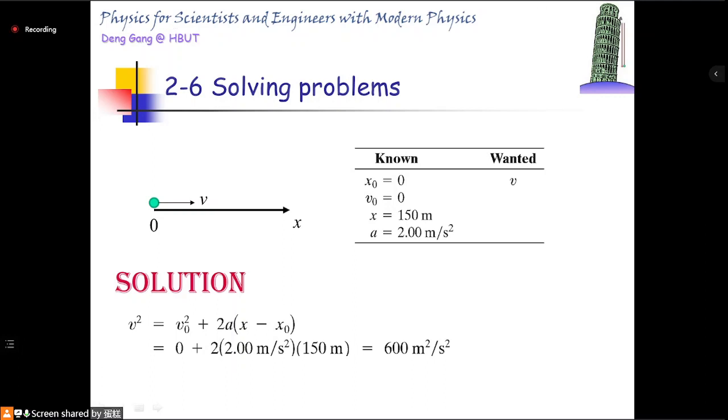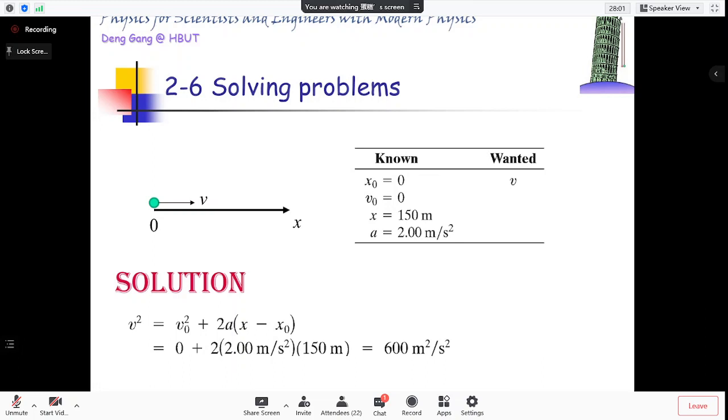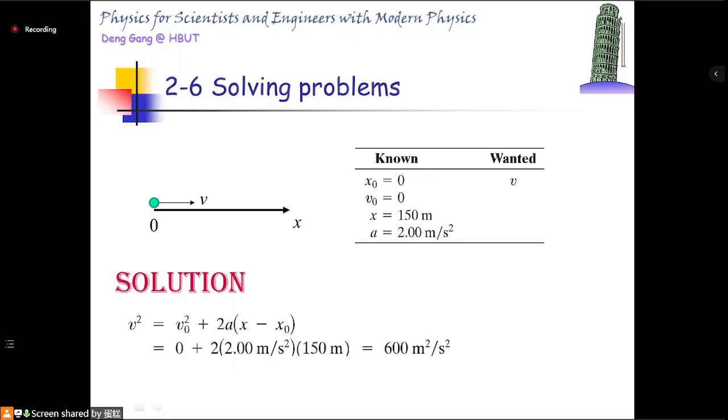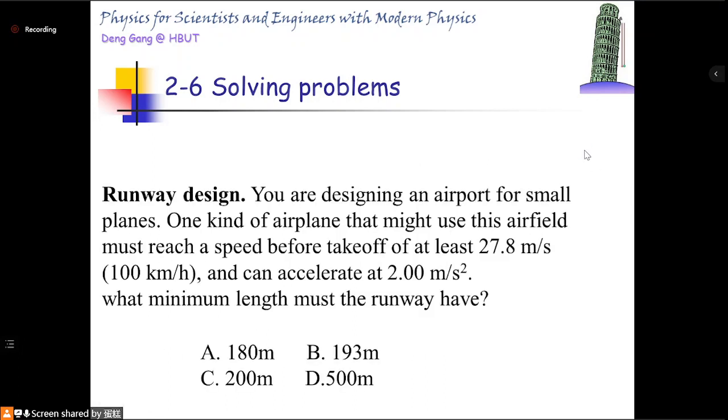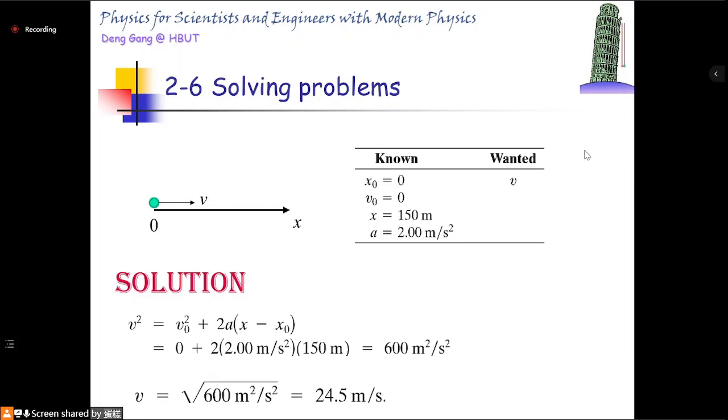Let's go on. Okay, we choose this equation, and we substitute all the known quantities into it, and we can calculate V. Now V is equal to 24.5, which is smaller than the required speed.